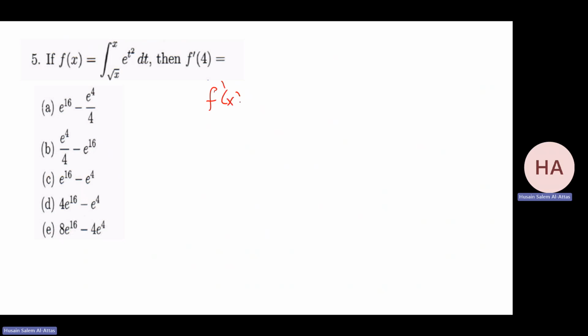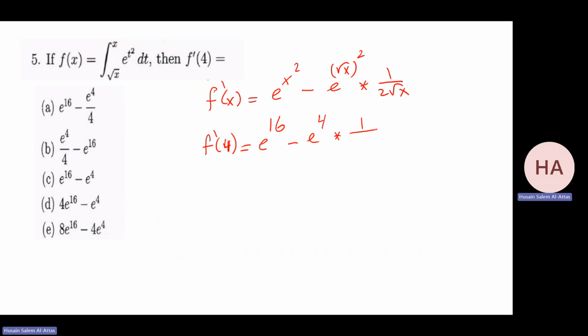Next, f prime will be e to the x squared times the derivative of x, which is 1, minus e to the square root of x times the derivative of square root of x, which is 1 over 2 square root of x. Now, f prime at 4 will be e to the power 16, 4 squared, minus e to the power 4 over 4, which is this one.